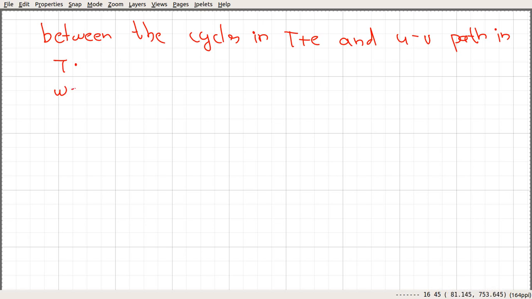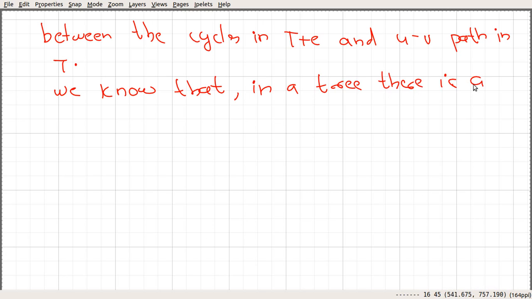Again, from the properties of a tree, we know that in a tree there is a unique path between any two vertices. So it is also true for these two vertices: in a tree there is a unique UV path.